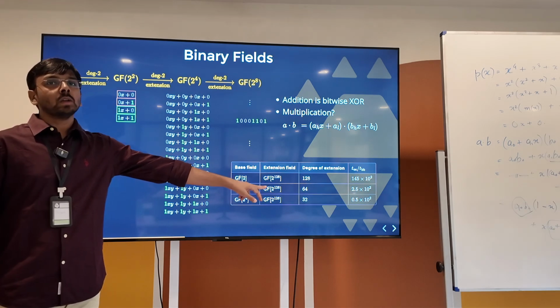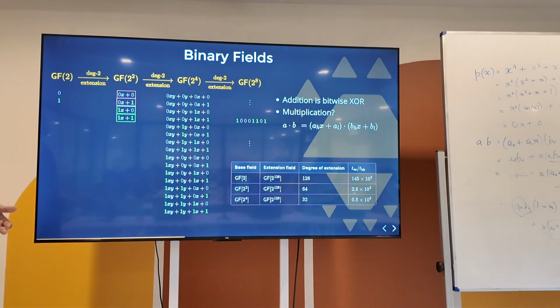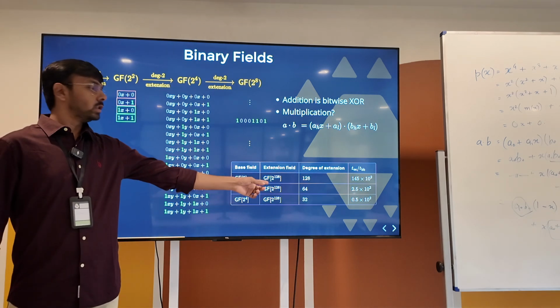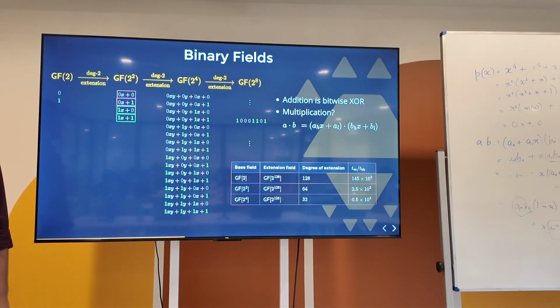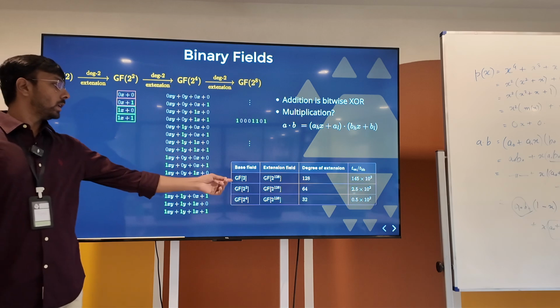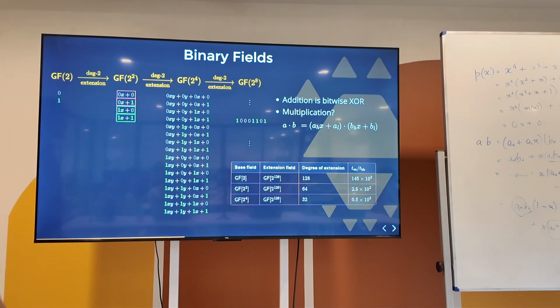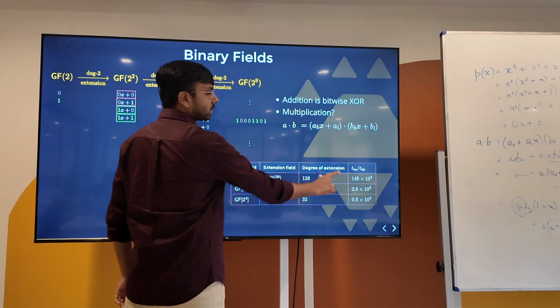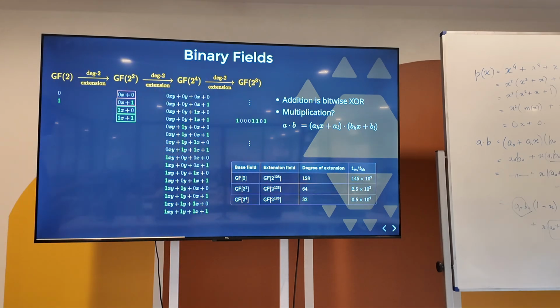For the security of our algorithm, we at least need GF2 to the power 128 as the extension field, and let's say for simplicity you take the binary GF2 as your base field. In that case, you see that multiplying one extension element by one extension element, E standing for extension, is almost 14,000 times slower.